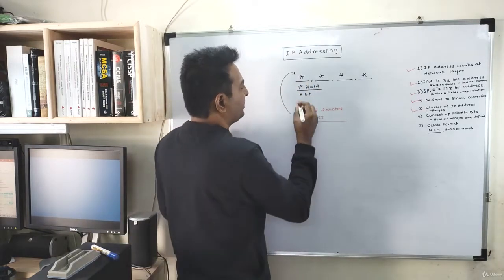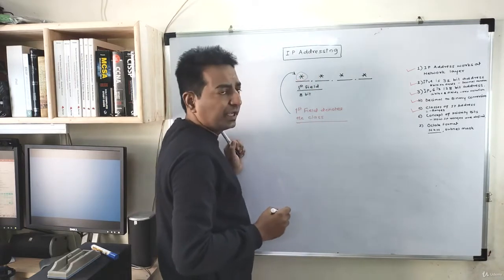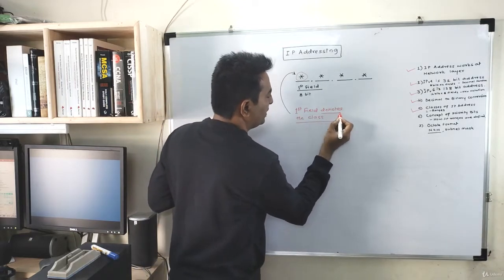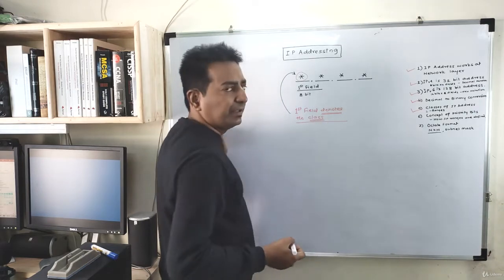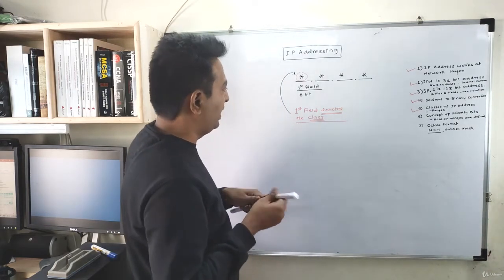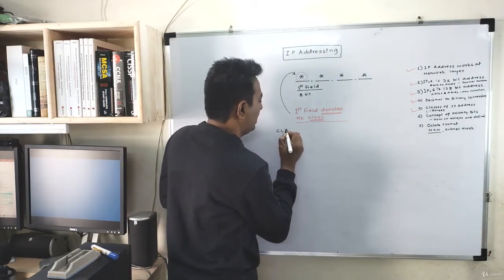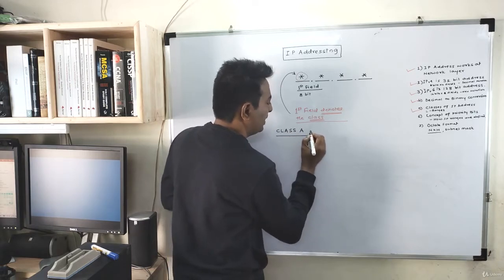So friends, this is the first field of the IP address that we are talking about, and the first field denotes the class of the IP address. Before we understand the ranges, let me tell you that there are 5 classes of IP address.